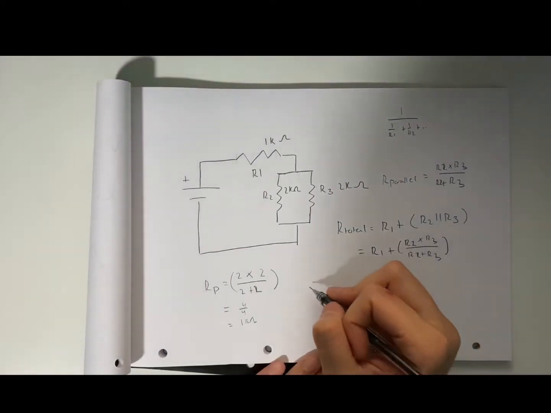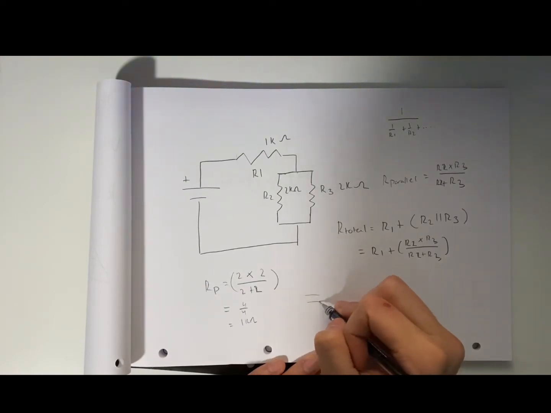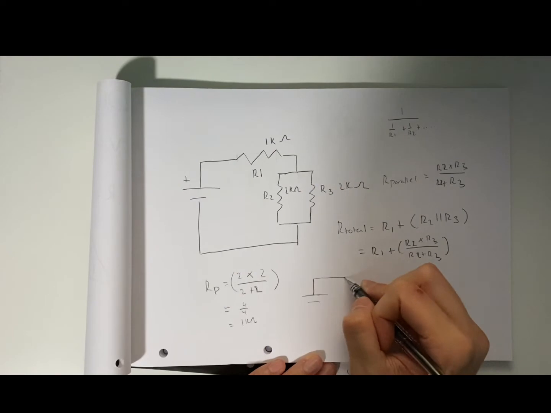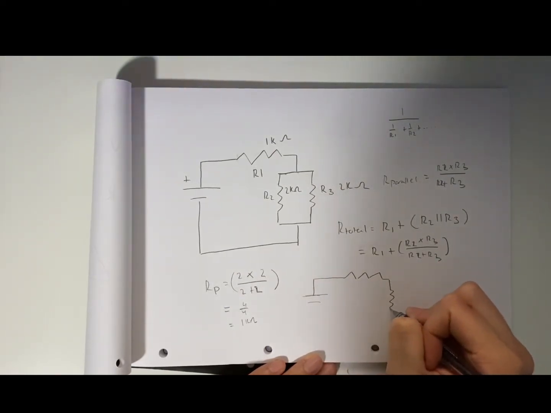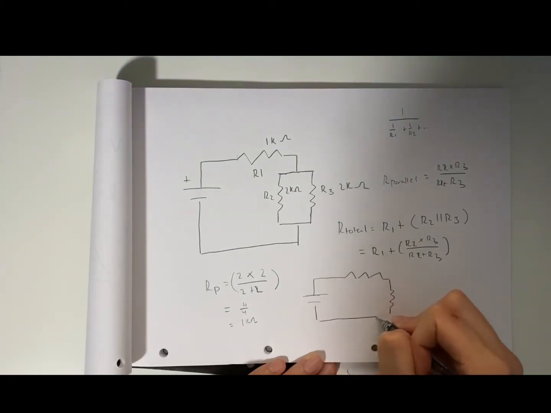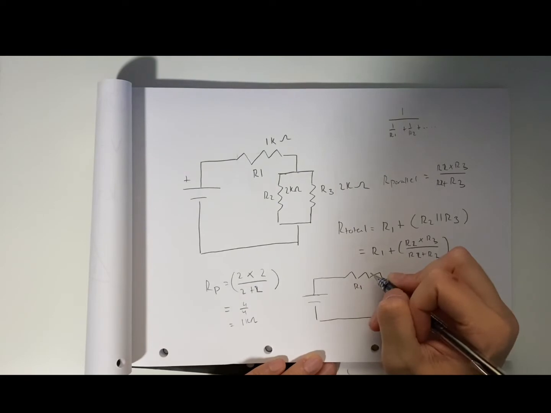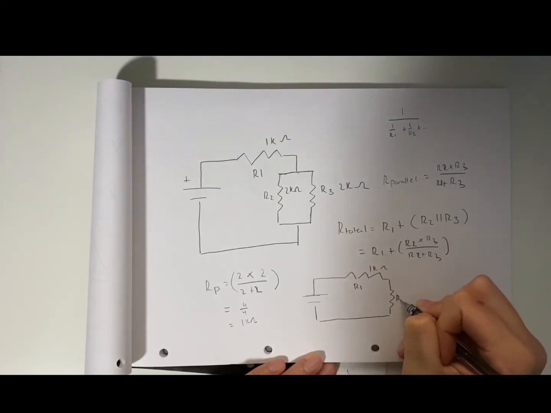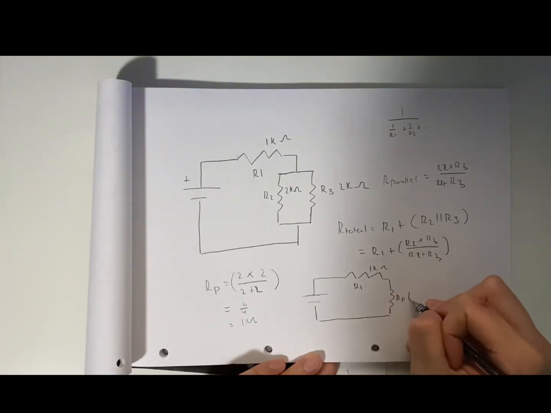And now that we have this, we can redraw. Yes, I'm being quite tight with space here. This is now our new circuit, because we've combined those two resistors.